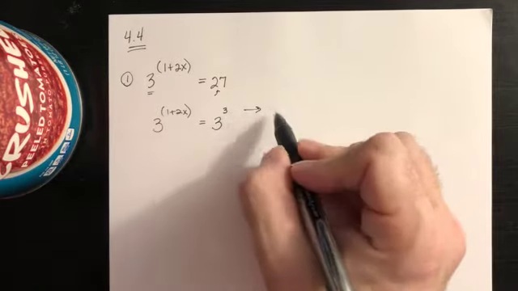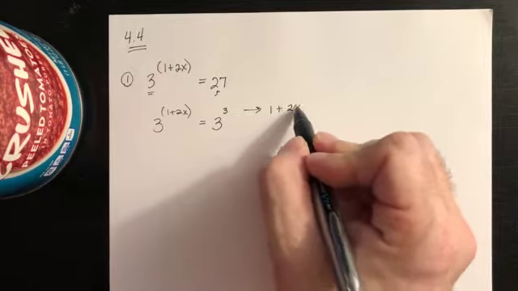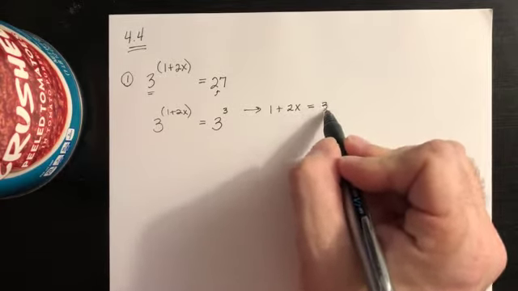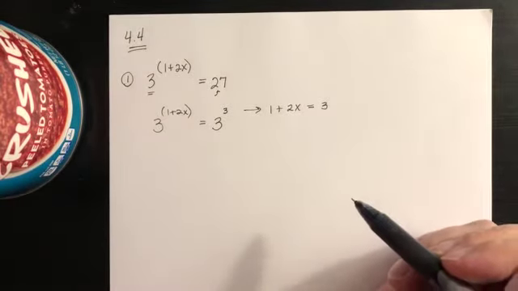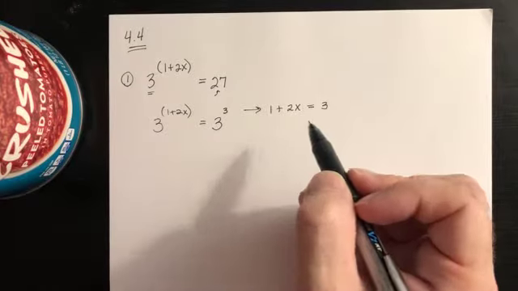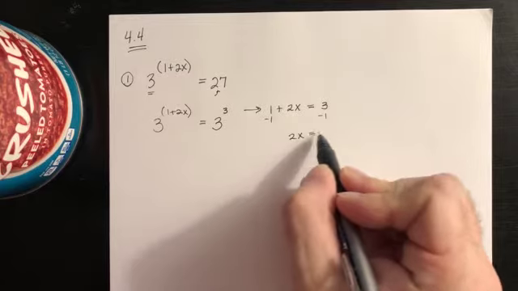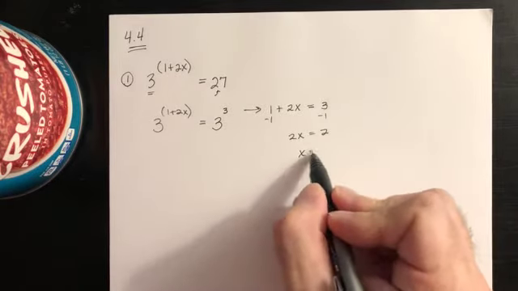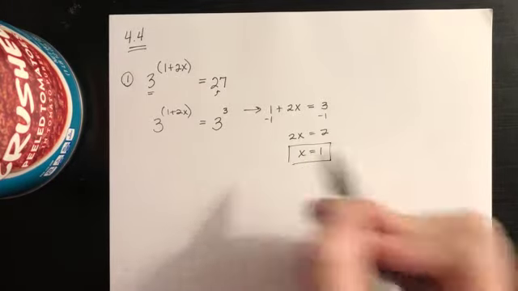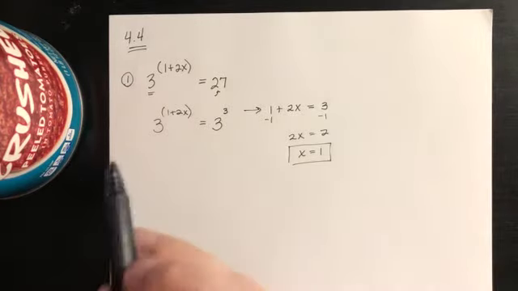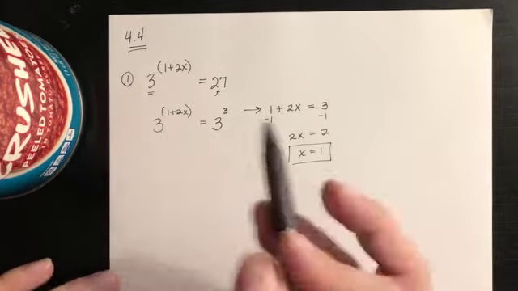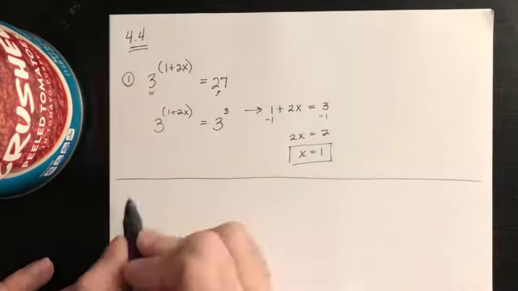So you can rewrite the equation without the bases, like so. Oh, look, that's a nice little linear equation, ain't it? X is equal to 1. Lovely. So with exponential equations, the first way is to try to make the bases the same.